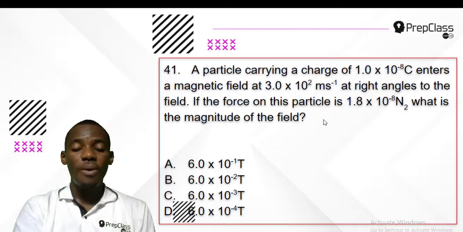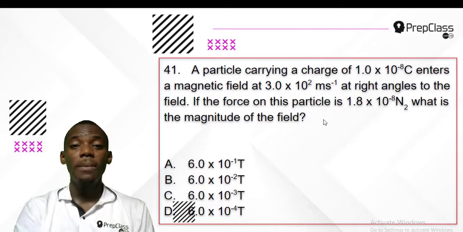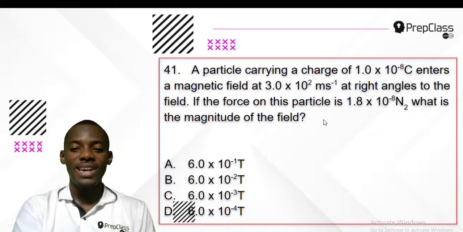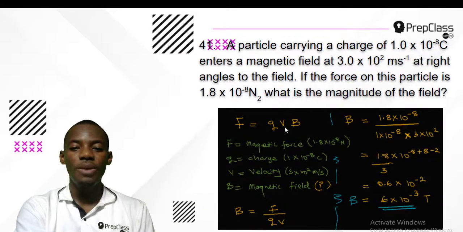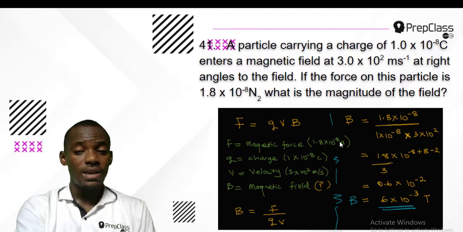That means that the formula to use for this question is just the magnetism formula, and that is this: F equals QVB, where F is the magnetic force, and in the question it was 1.8 times 10 to the power -8 Newton. Then the Q is the charge, and that's 1 times 10 to the power -8 coulomb. Then the V is the velocity, that's the speed, that's 3 times 10 to the power 2 meter per second. And you were told to find the magnetic field, and that is B.